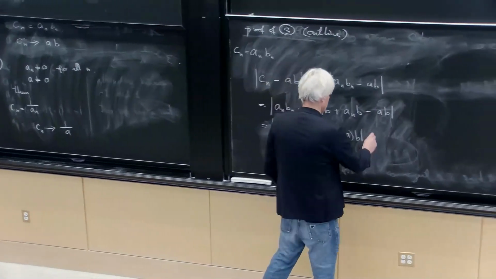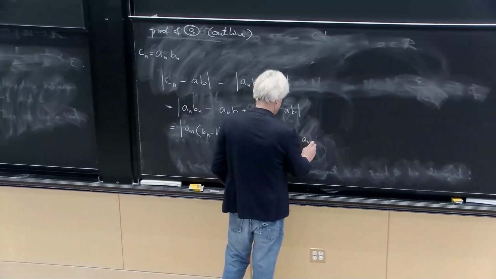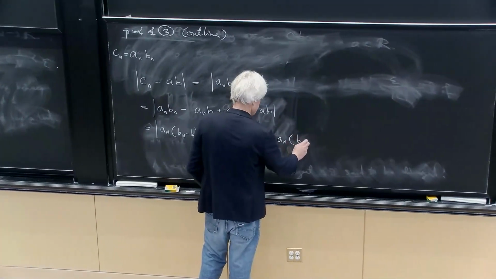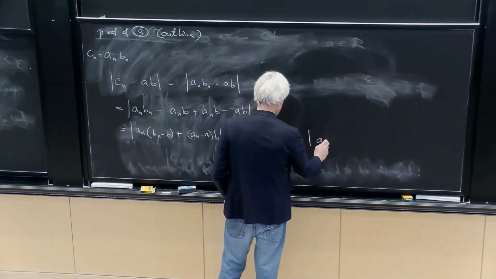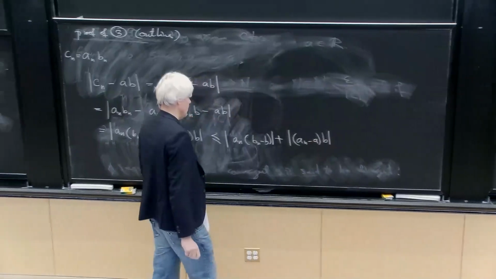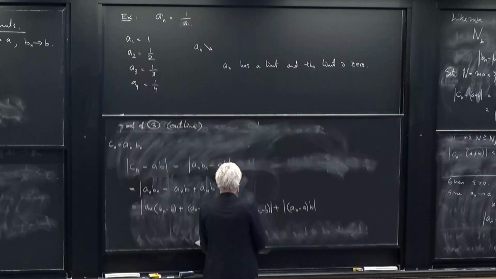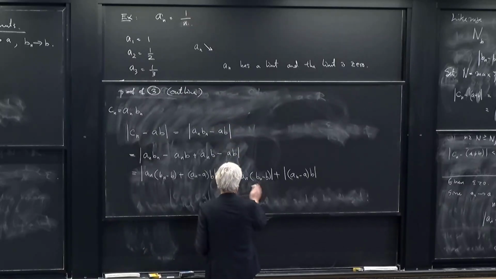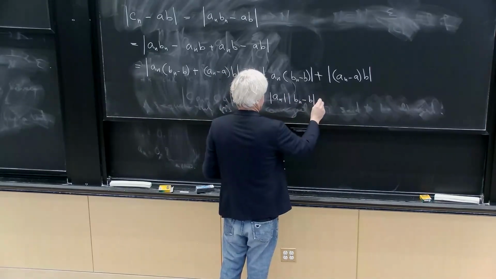The first thing I can do is take the absolute value of this, plus the absolute value of that. And this is the same for a product: you can just take the product of the absolute values.